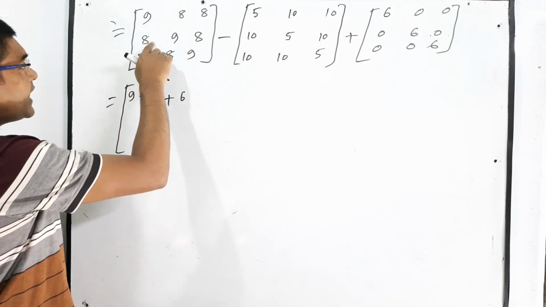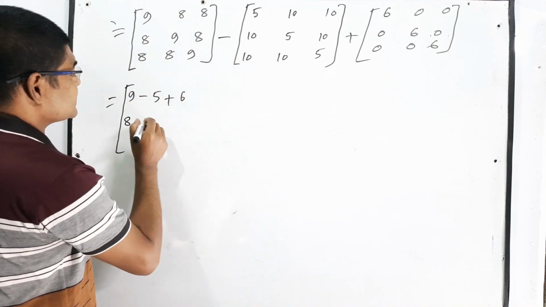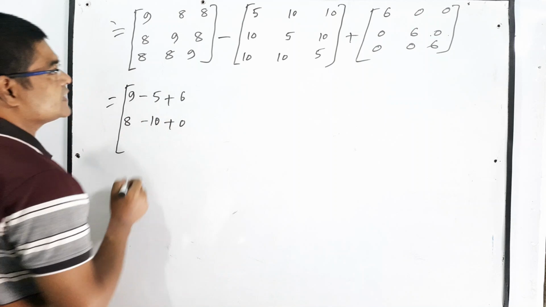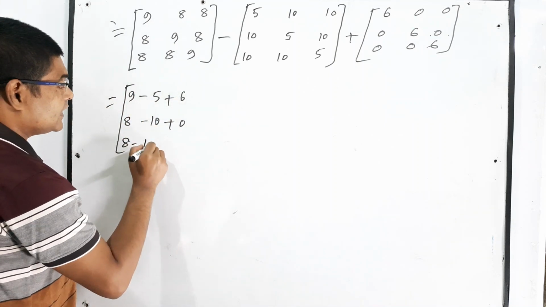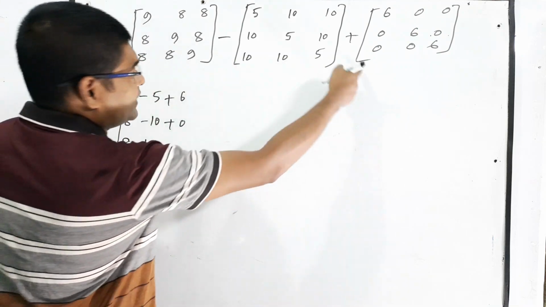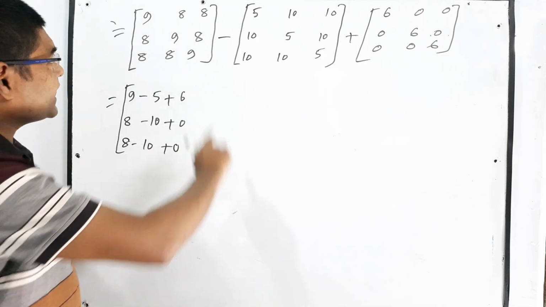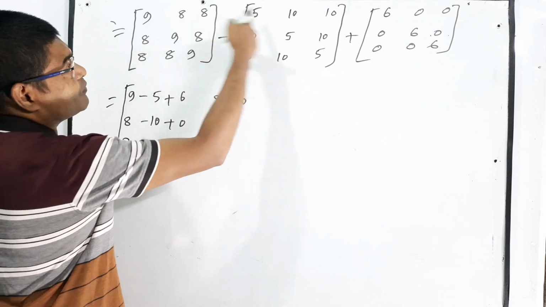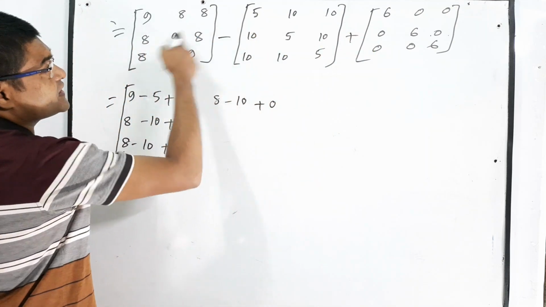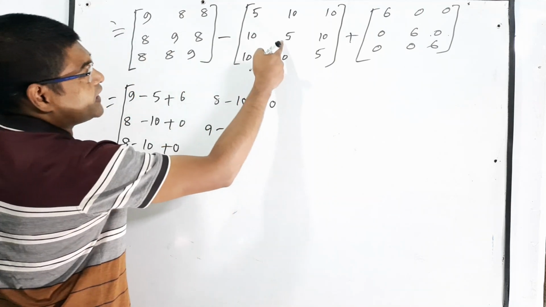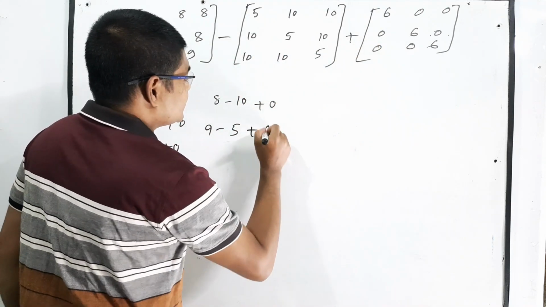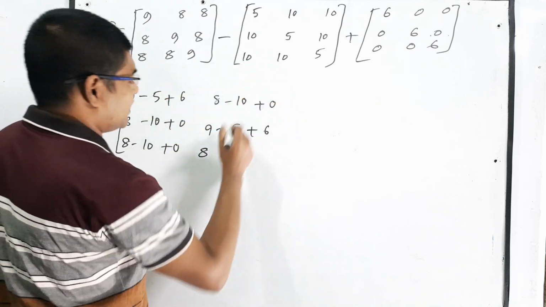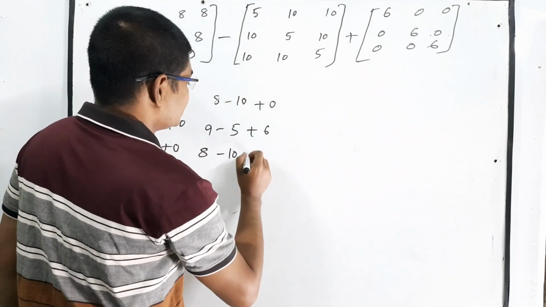In the same way 8 minus 10, plus 0. Again 8 minus 10 plus 0, and 9 minus 5 plus 6.